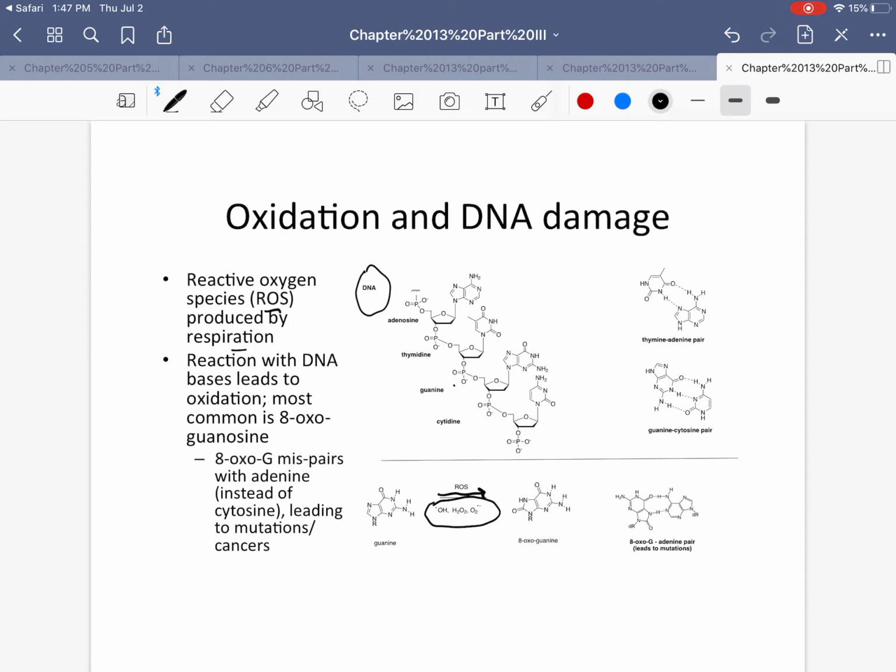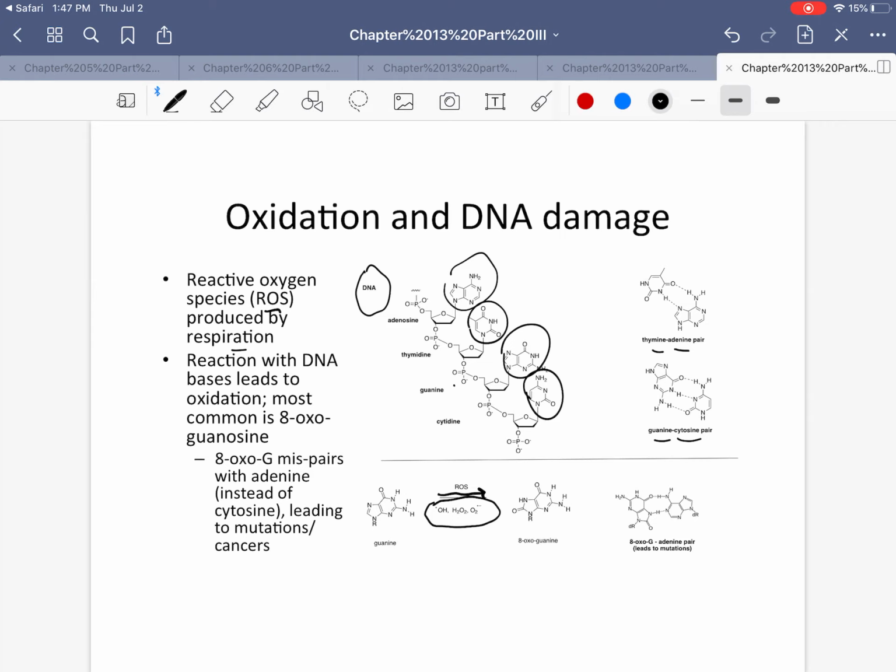This is just a picture of DNA showing the different bases. So you've got adenosine, thymidine, guanine, cytidine, and you've got the DNA backbone with the different bases that are circled here. So in your DNA, these hydrogen bond to each other, the bases, and that's what holds your DNA together.